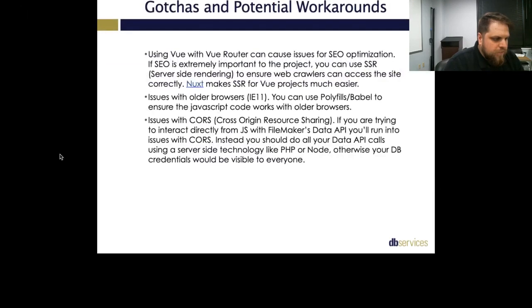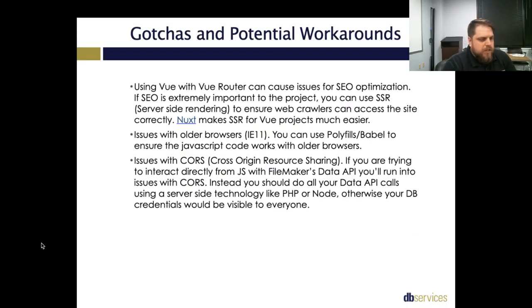Go full screen then. Yeah, so some potential gotchas and workarounds. If you're using Vue with a Vue router, and router is just a way to make single page applications, you can go between different pages, stuff like that. Just be aware that with SEO optimization, you might have issues, because while the Googlebot crawler can do JavaScript pages, it's much slower.